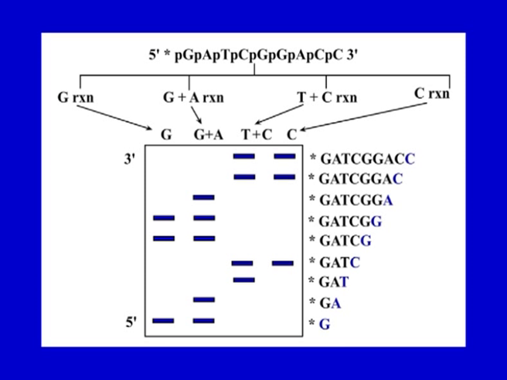So, these are the lanes for each of the reactions, and this particular one was the sequence, and as we have gone through, you can see the sequence could be built by starting from the bottom.